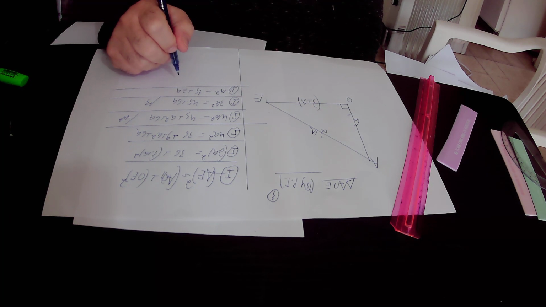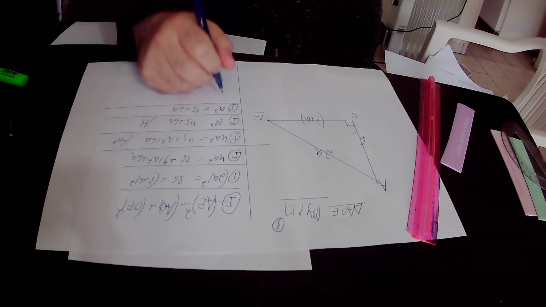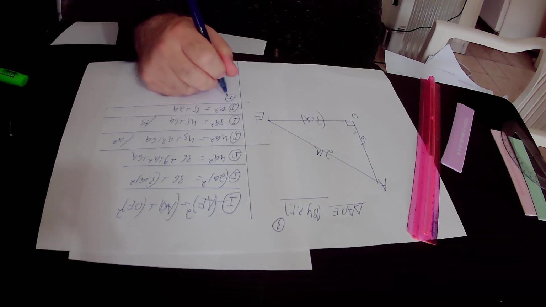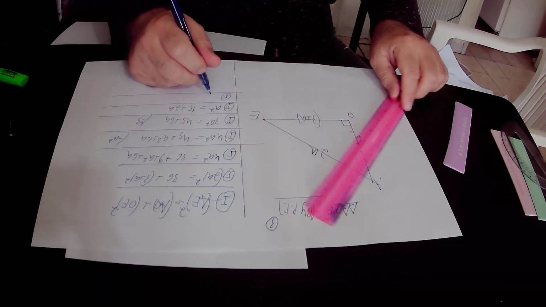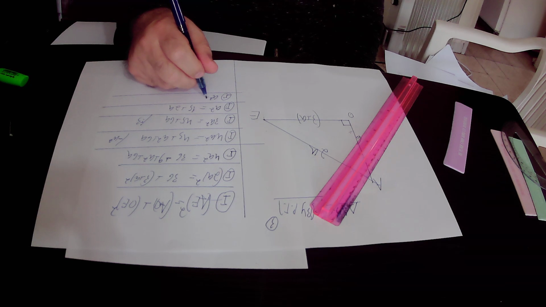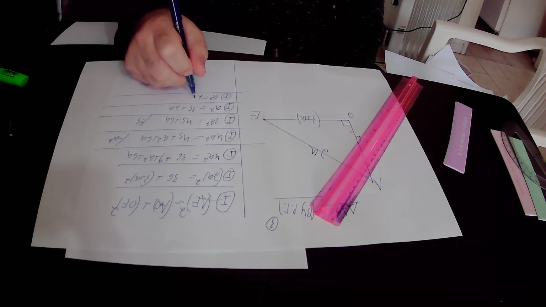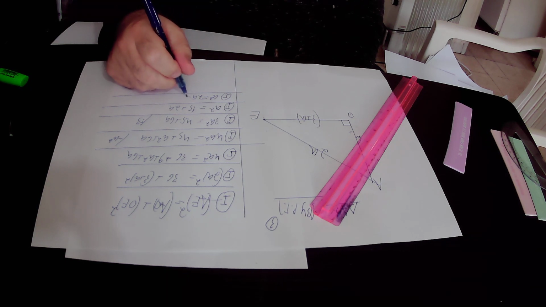Here we'll subtract 15 and also 2A from equation number 1, and we get that A squared minus 2A minus 15 equals 0.